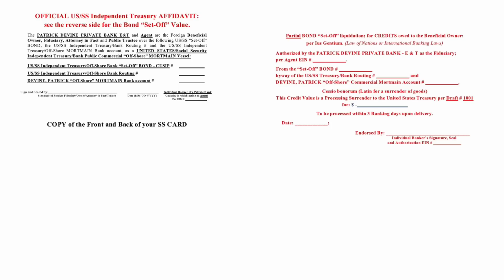The Social Security number is the bank routing number. Treasury bank routing number. The Treasury is the Department of the Treasury, and the bank is the Social Security Administration. Nothing more, nothing complicated. Your account is then held by the Social Security Administration and the Department of the Treasury, the two of them working together.